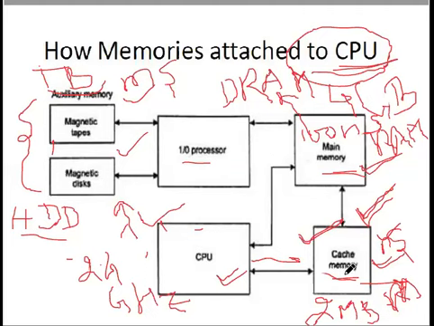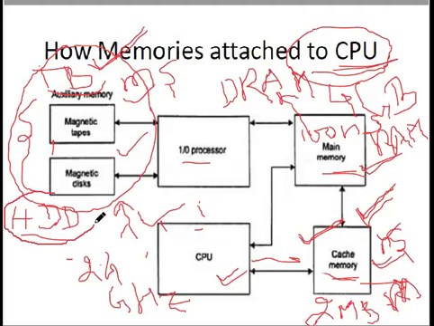The fastest memory is connected to the CPU. If it is found in the cache memory, then it is fetched from the cache. All the programs or data are stored in secondary storage. We store every program or data in the hard disk drive.